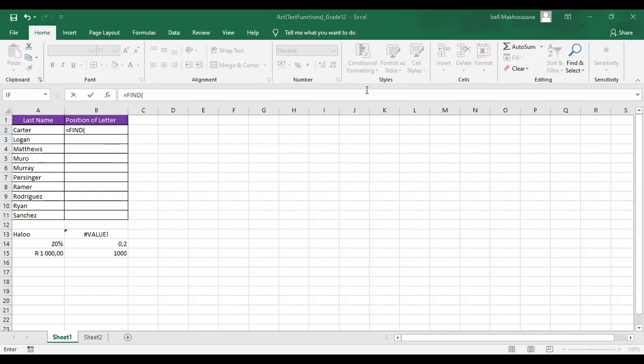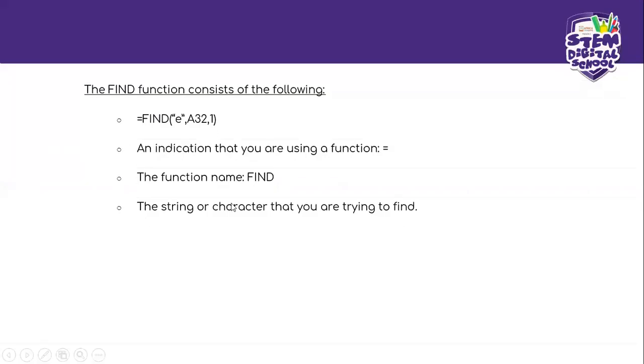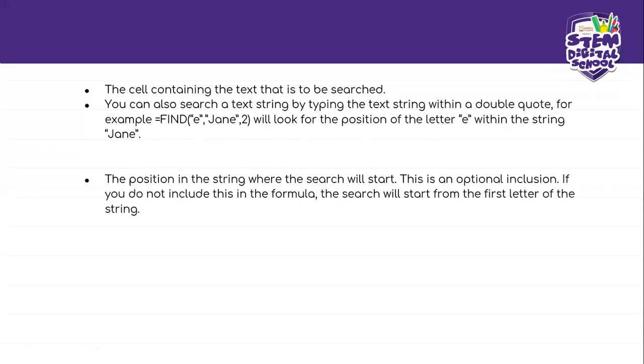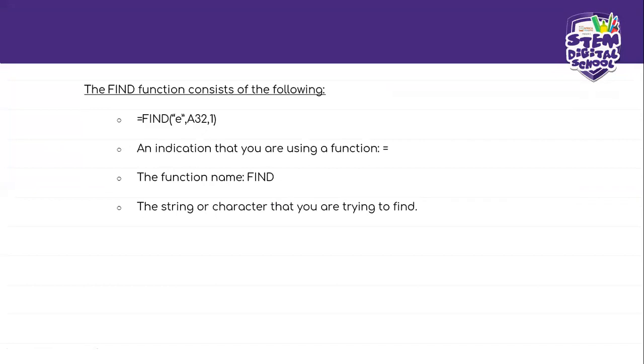We said equals find, and then the string or character that you are trying to find. So we want to find this character, which is character E. After finding this character, where is this character? It is in cell A2.